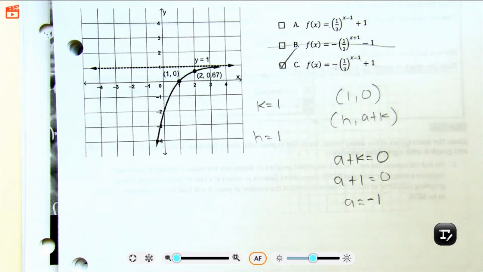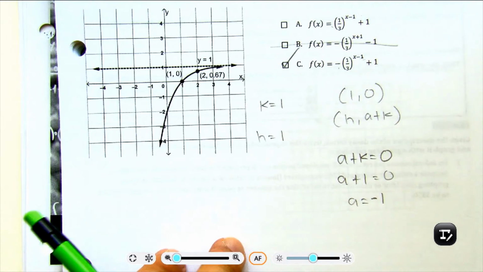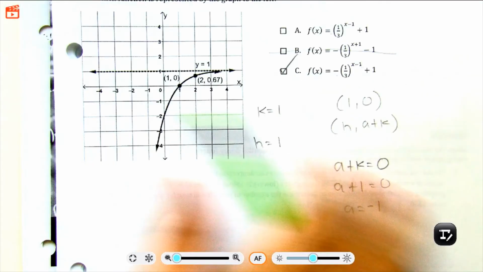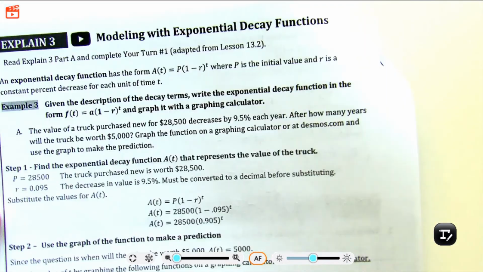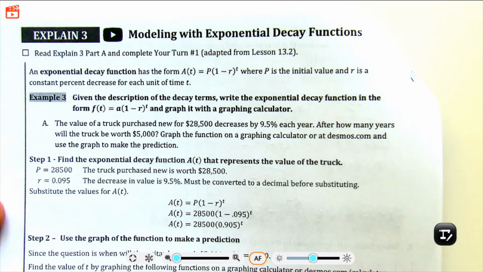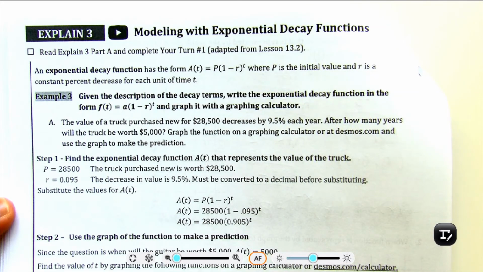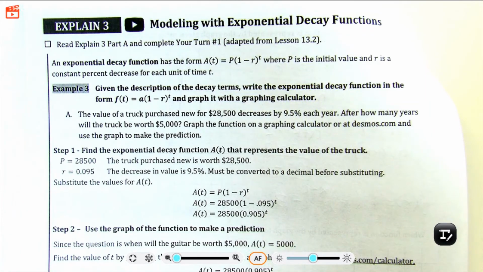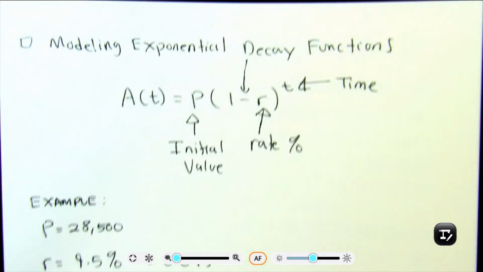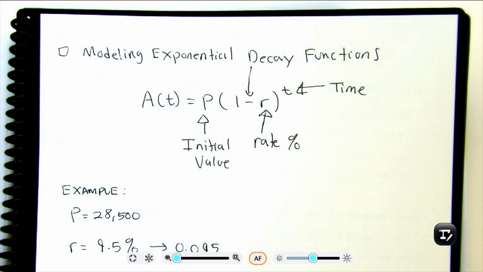Okay, and then the last part of this lesson is modeling with exponential decay functions. I kind of want to just look at the equation for modeling exponential decay functions, and that is this equation.